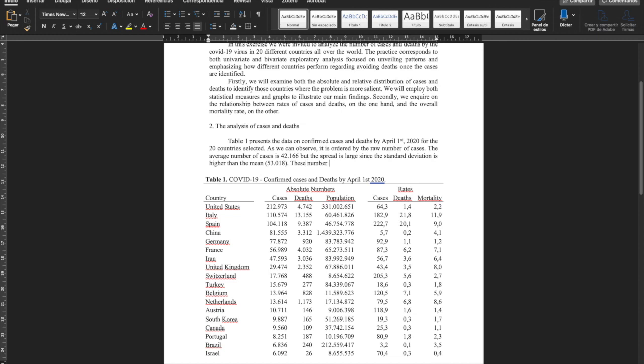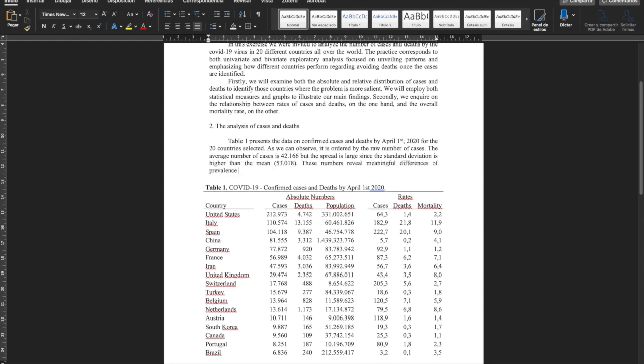These numbers reveal meaningful differences of spread, differences of prevalence of the disease among the countries compared here.